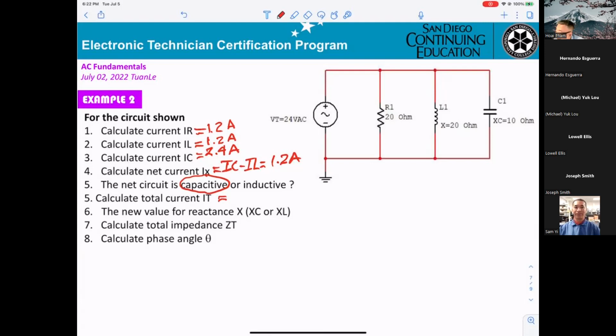What do you get? 1.7 amps. 1.7 amp, correct?